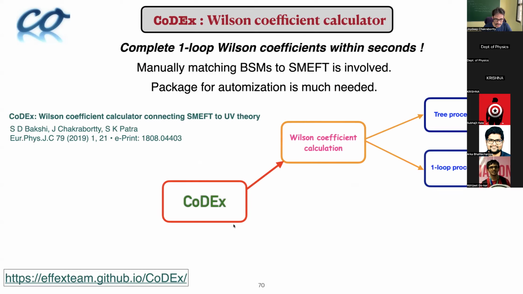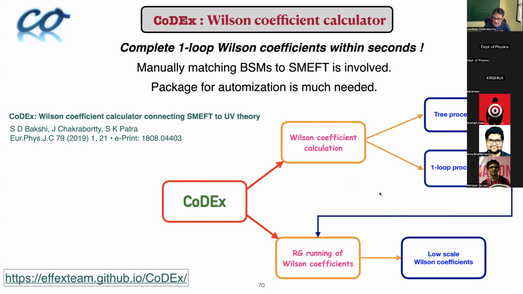In this program, CoDEx, it calculates the Wilson coefficients, and from there you can calculate the tree-level operators only, or also operators up to one loop. Not only that, if you remember, the matching scale is basically lambda, the cutoff scale, right? But your experimental data may be at a much lower scale. So in principle, you have to bring all the operators to that low scale, to adjust and fit their impact in the context of data.